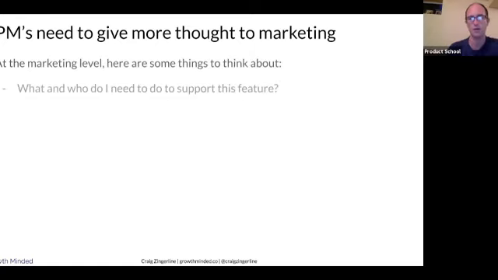And then at the marketing level, some things to think about. What and who do I need to support this feature? If you're a product team and you're building and launching features, how do customers find out about it? Traditionally, you'll send a blast talking about the feature, but if you study that, many times those feature release emails have actually got a negative impact on retention, because your core users may not directly benefit from the feature you're announcing, and it may actually become a detractor.